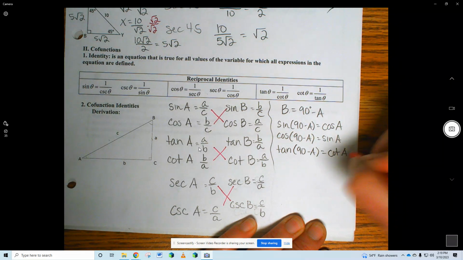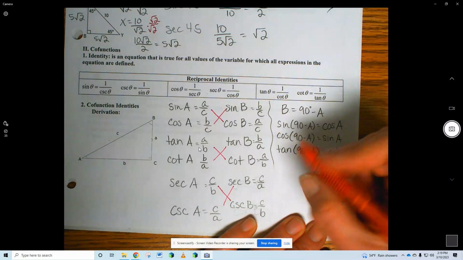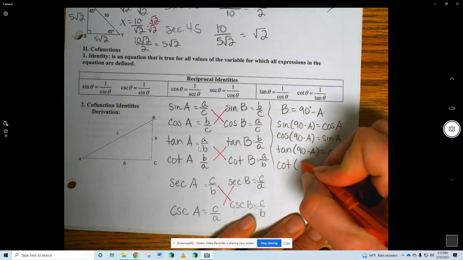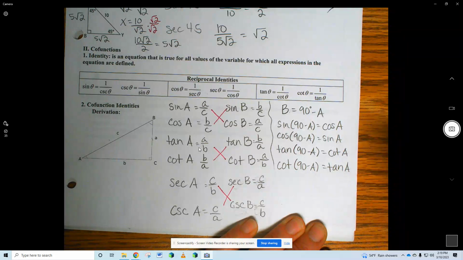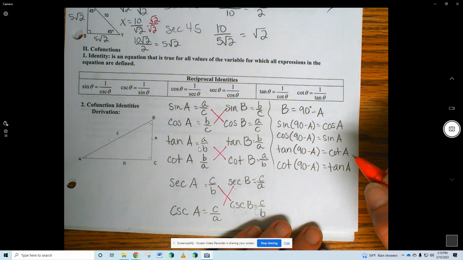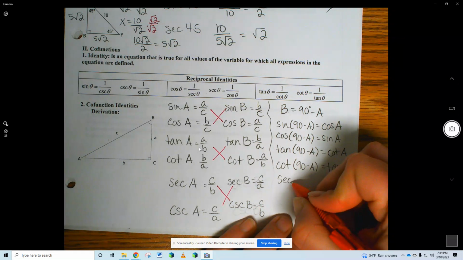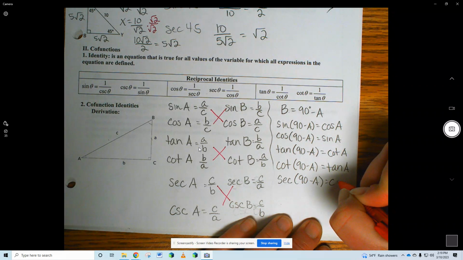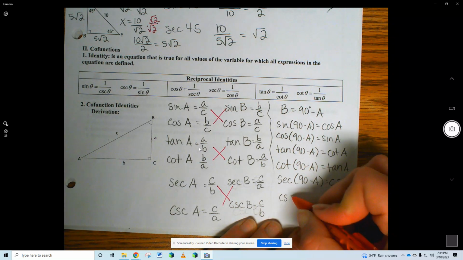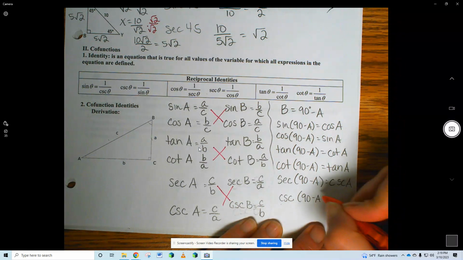Tangent of 90 degrees minus A equals cotangent of A. Cotangent of 90 degrees minus A equals tangent of A. These are cofunctions, you guys. Secant, you're just subtracting 90. Secant of 90 degrees minus A equals cosecant of A. Cosecant of 90 degrees minus A equals secant of A.